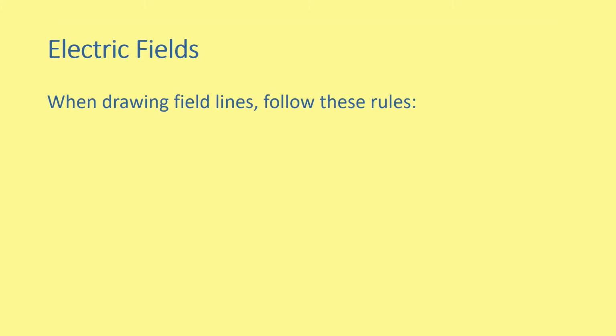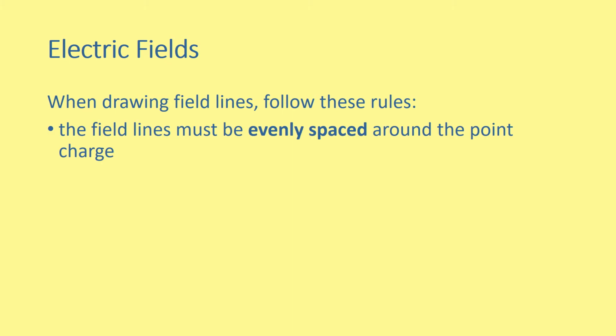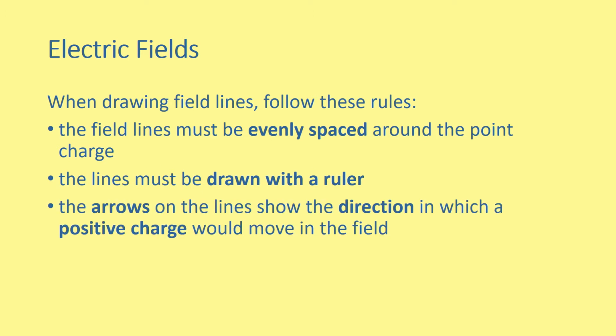When drawing field lines, we need to follow some rules. The field lines must be evenly spaced around the point charge. The lines must be drawn with a ruler. The arrows on the lines show the direction in which the positive charge would move within a field. So for example, if a positive charge came close to a positive charge, it would be repelled.